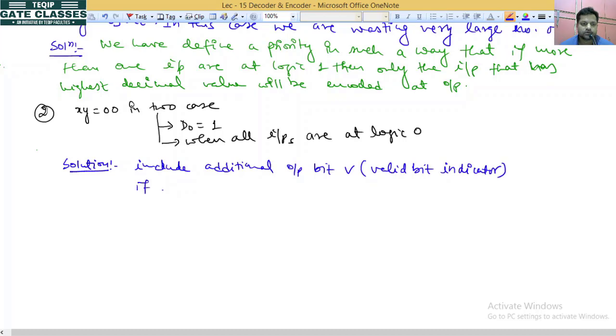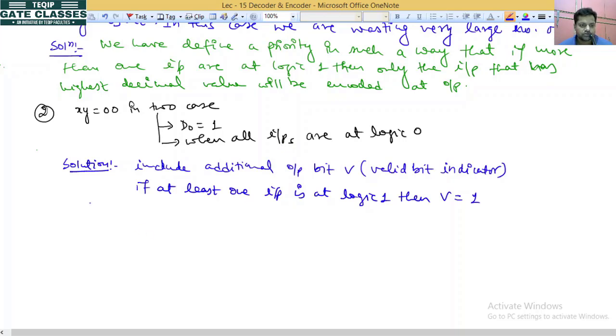If at least one input is at logic 1, then you place V equal to 1. V equal to 1 denotes that at least one input is at logic 1. Okay, na? This way this problem will get resolved.